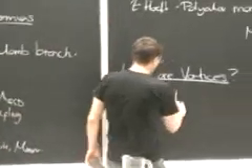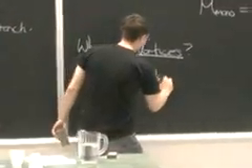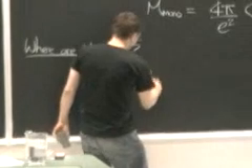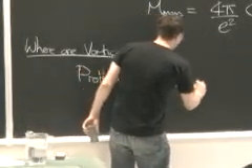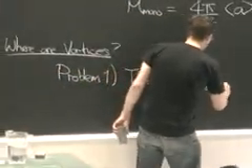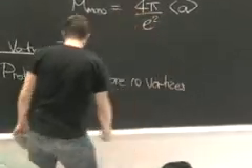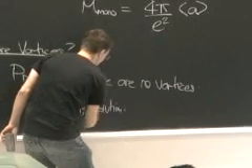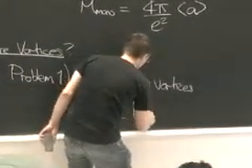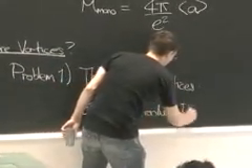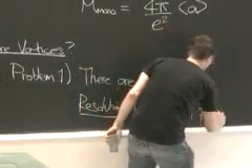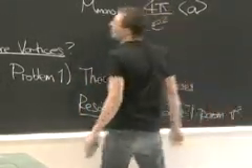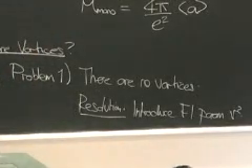Okay, so problem 1 is that there are no vortices. And the resolution is that we're going to introduce a Fayet-Iliopoulos parameter. The Fayet-Iliopoulos parameter was the v squared that sat inside this D term in the potential.